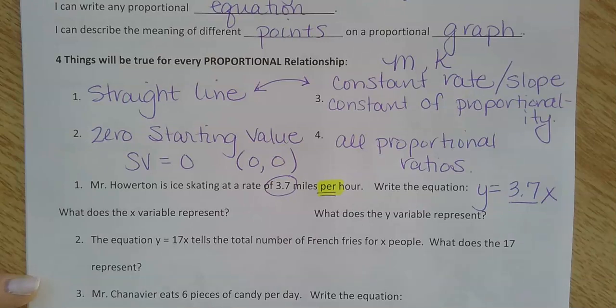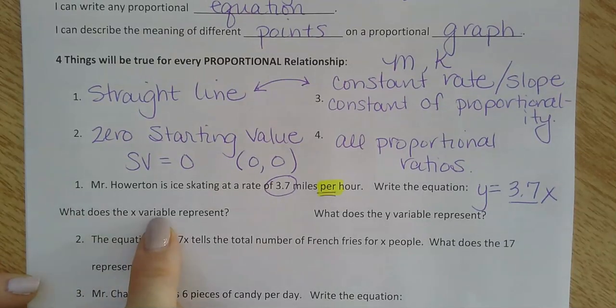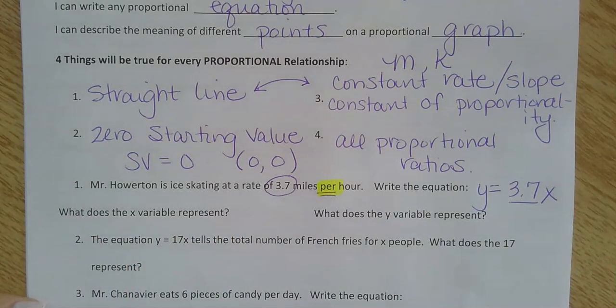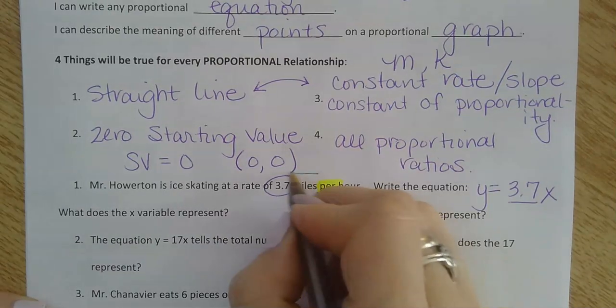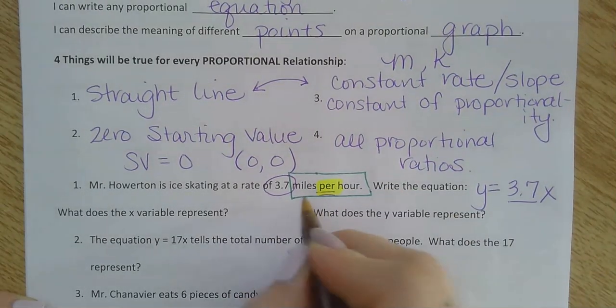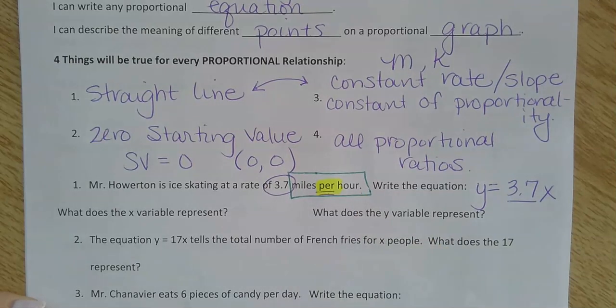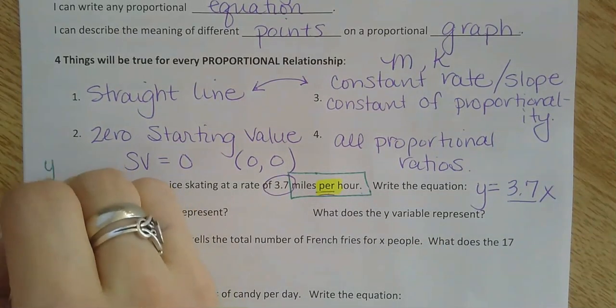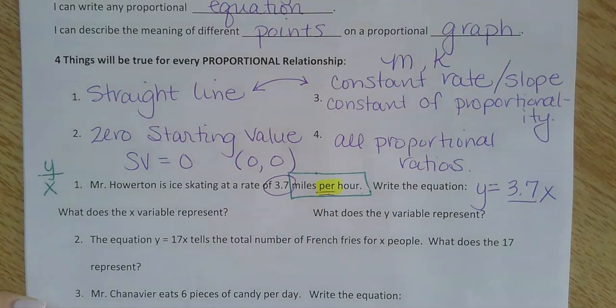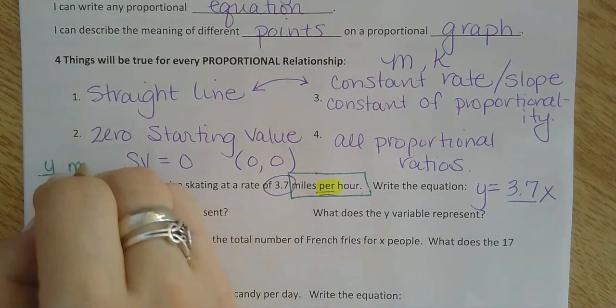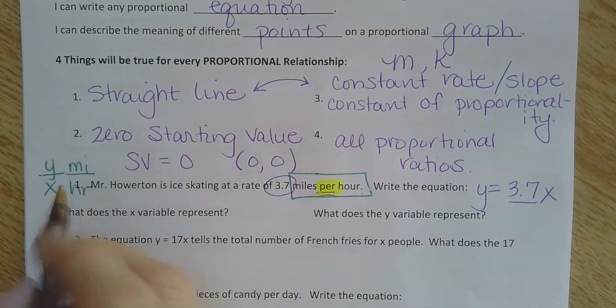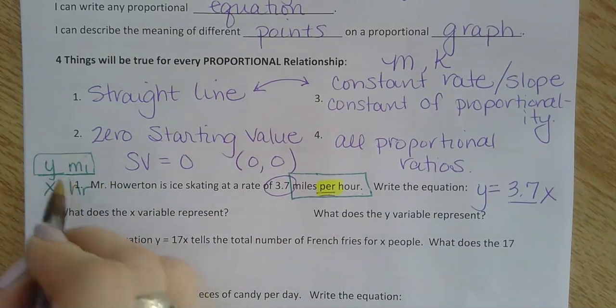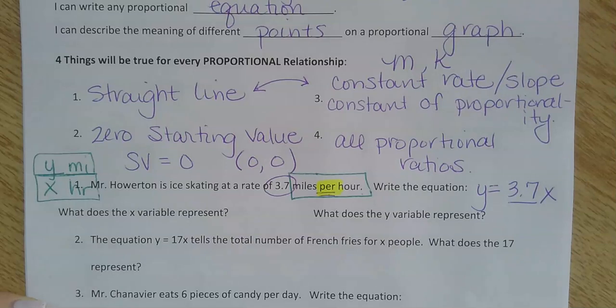If he hasn't started yet, he hasn't gone anywhere yet, I don't have to bother to write plus 0 as the starting value. What does the x variable represent and what does the y variable represent? I want you to go back to your label here, miles per hour. And if you recall from the last video, we said that the rate is always y over x. So if I have miles per hour, then y is miles and x is hours.